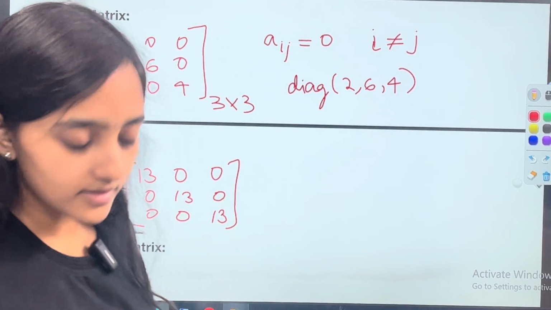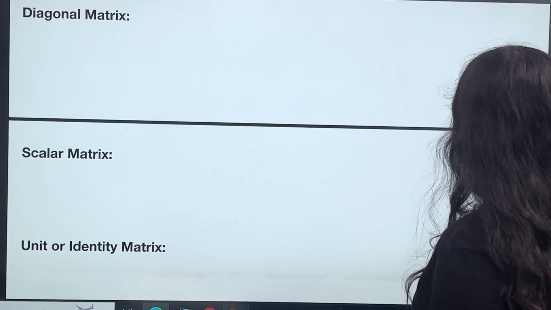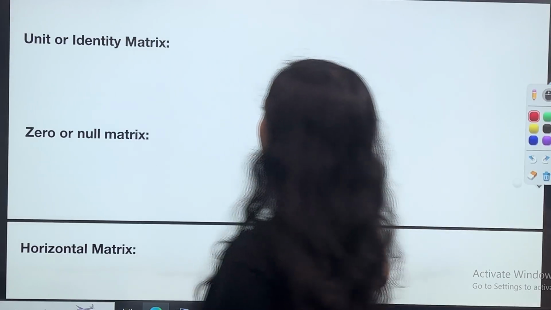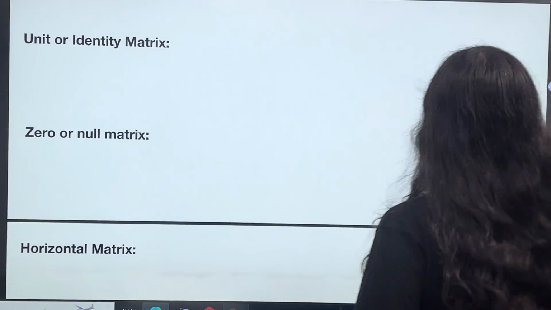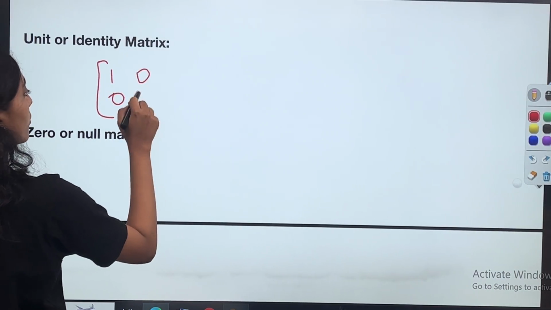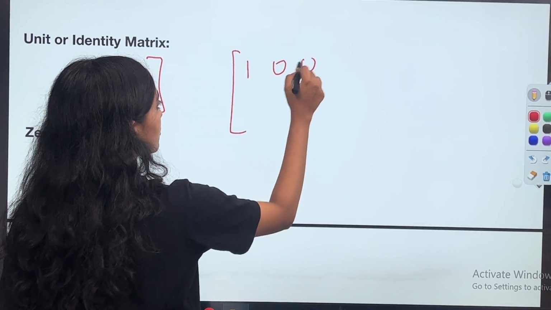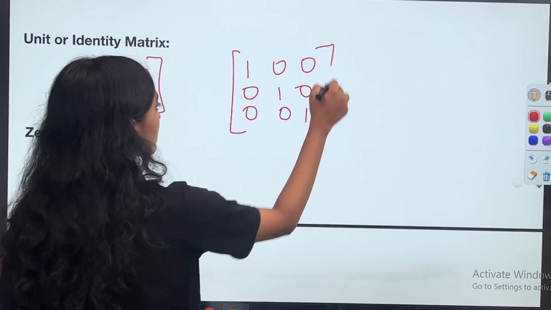Okay. Next, what is a unit or identity matrix? This is important. Please remember this one. A unit or identity matrix is one in which, for example, you have 1, 0, 0, 1, or 1, 0, 0, 0, 1, 0, 0, 0, 1.